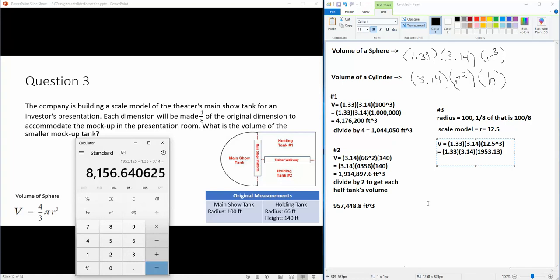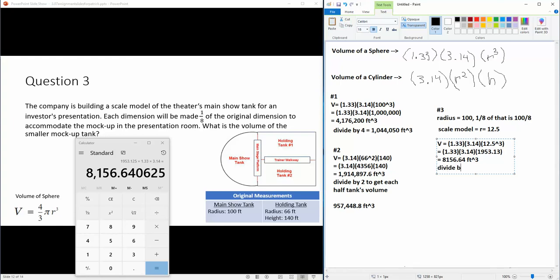But therein lies one more catch. Think about what we had to do once we got the total volume on the first question. And again, here I'm going to do a little bit of rounding. Remember, this is if we had a whole sphere. Our original main shown tank was a quarter sphere.